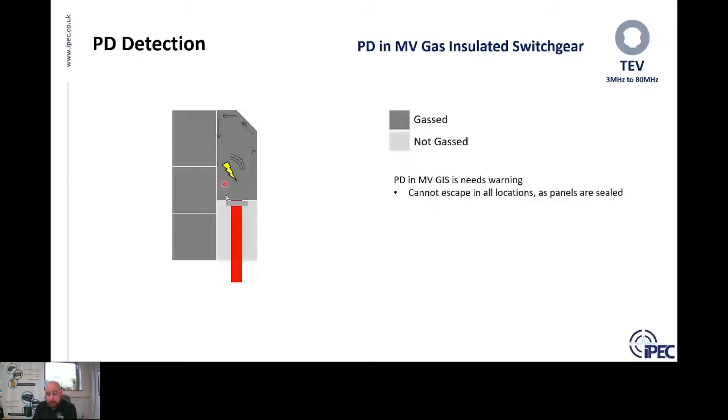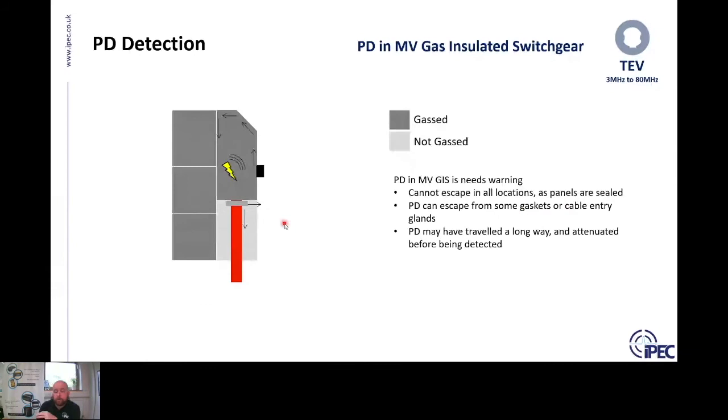For example, quite often PD can escape through the gasket where the cable terminates inside the GIS. So PD cannot escape in all locations because the panels are sealed, but it can escape from some gaskets or cable entry glands. However, you need to have caution when looking at PD on medium voltage. Although we can use the TEV sensors, we need to consider that the PD may have traveled quite a long way and it might have attenuated before being detected by the sensor.